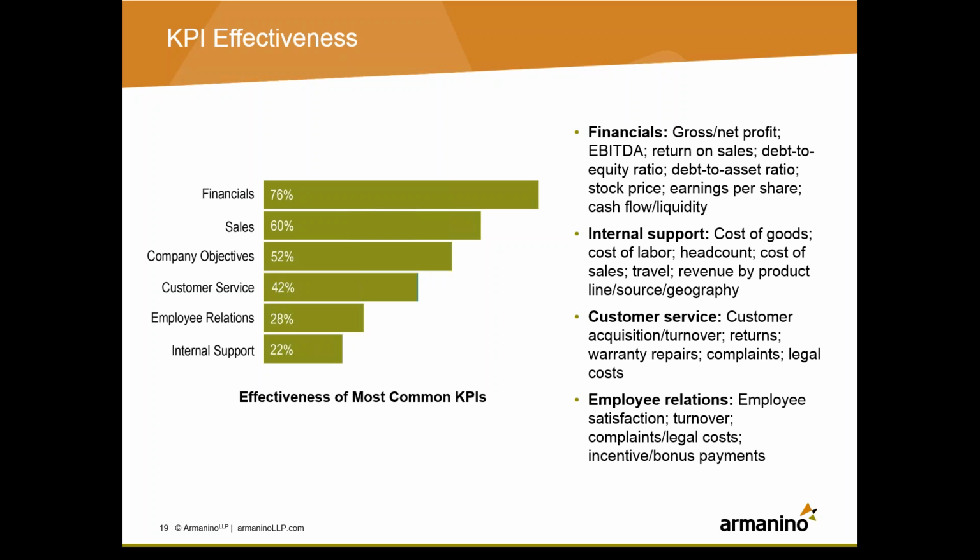Customer service is a huge area for metric reporting: customer acquisition, customer turnover, returns, warranties, legal costs. And then last, really around employee relations, employee satisfaction, employee turnover, cost of employees around bonuses, etc. So while these KPIs work generally, there may be other KPIs that each individual business needs to consider.